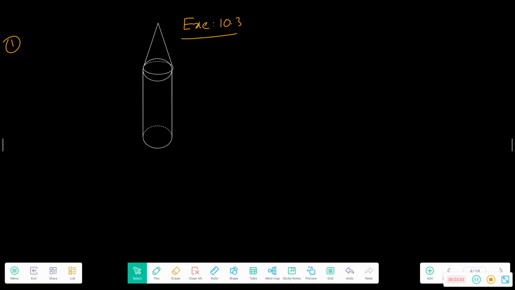Now we need to find the weight of the pillar, if 1 centimeter cube of iron weighs 7.5 grams. See children, this is all about a volume problem.